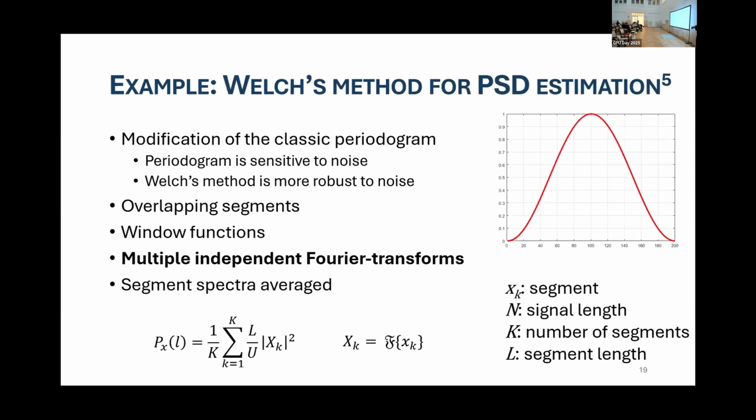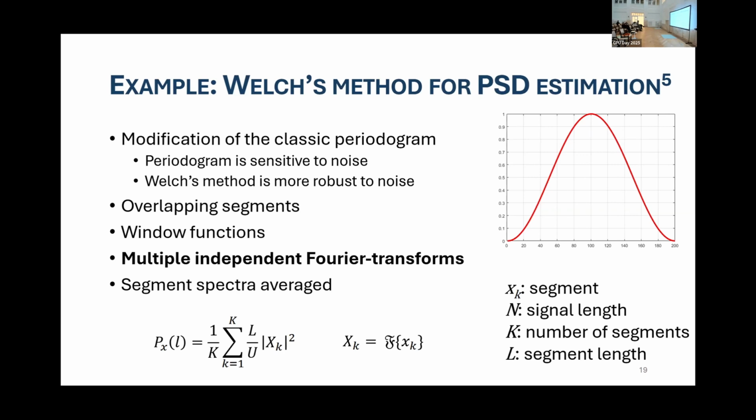And I would like to give you a very short usage example, which is Welch's method for power spectral density estimation. It is a widely used DSP algorithm. It is an extension to the classic periodogram, because the standard periodogram is very sensitive to noise.